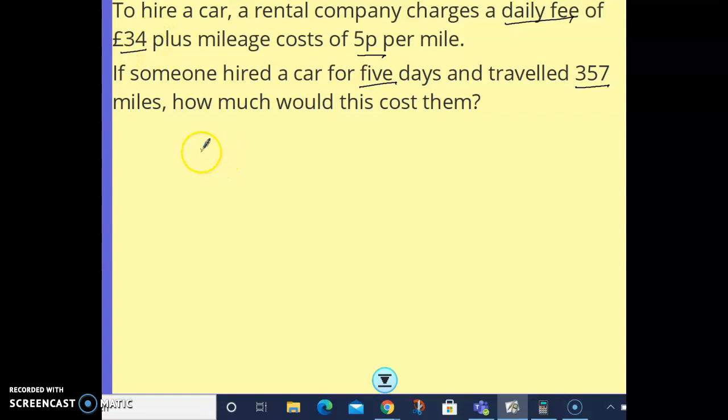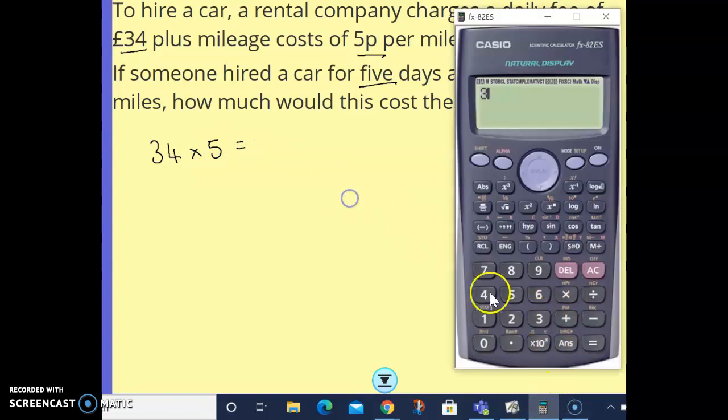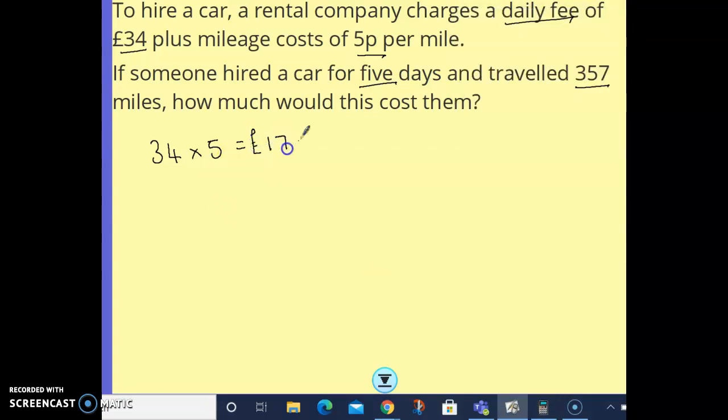So it's £34 per day, and they hire it for 5 days. So I want to do 34 times 5, which is £170.